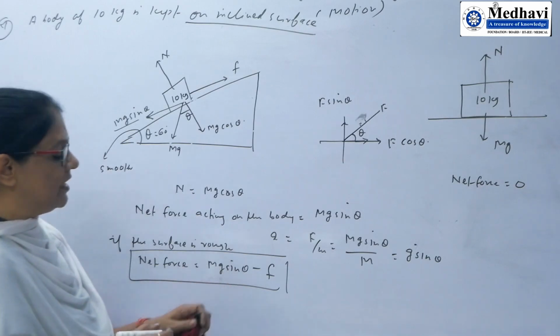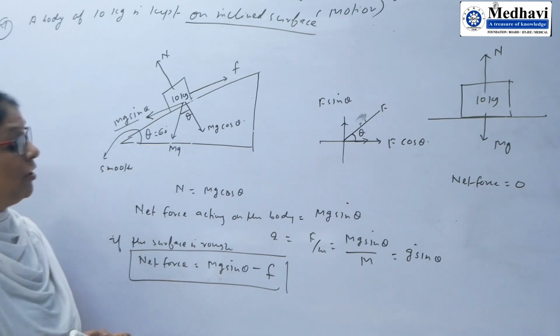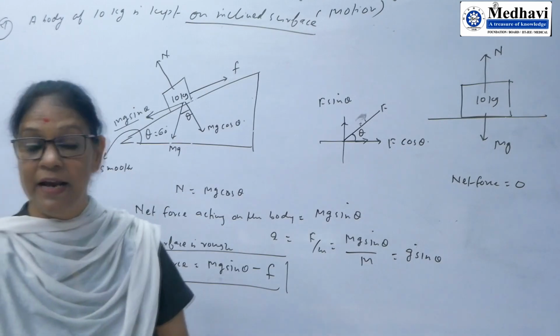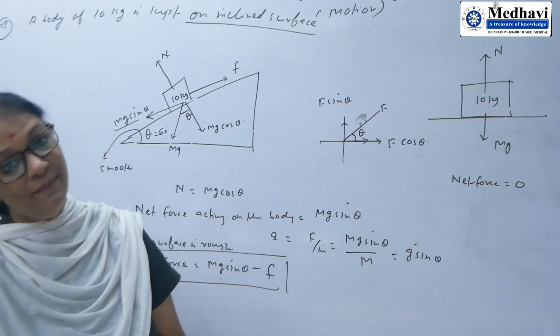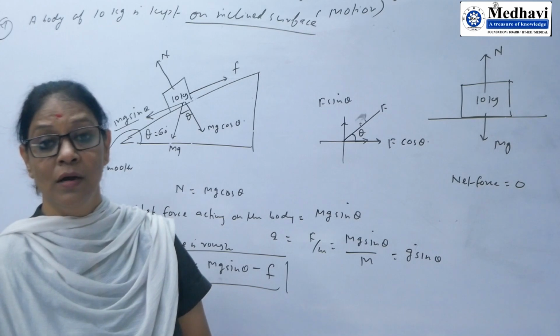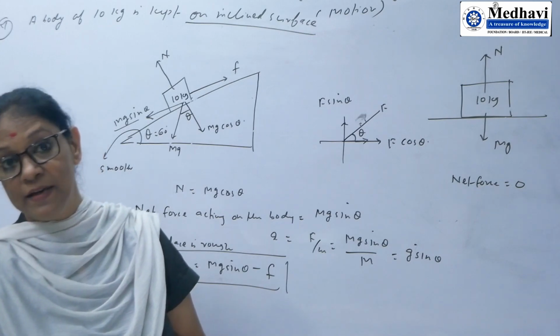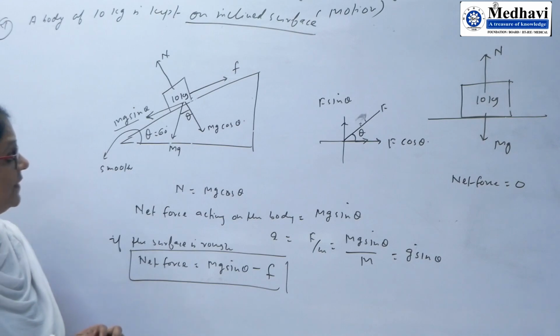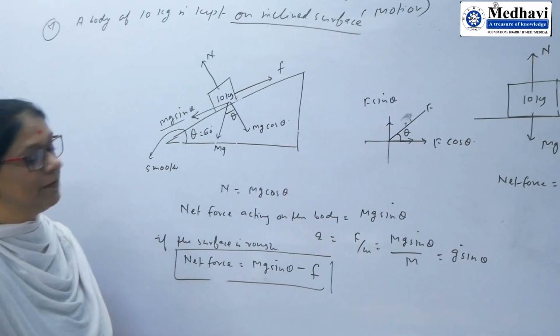We cannot use f minus mg sin theta because the friction force can never be greater than the applied force. Friction force can be equal to the applied force, but it can never be greater, because this is the tendency of the surface. So this way we can solve the question.